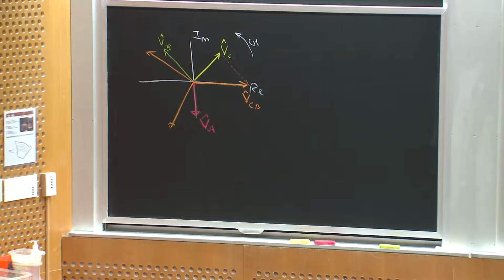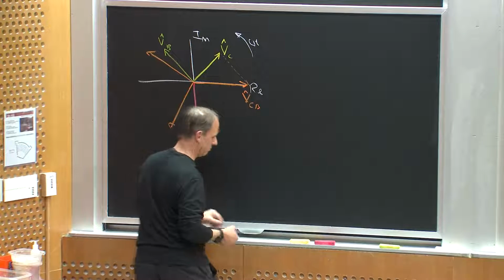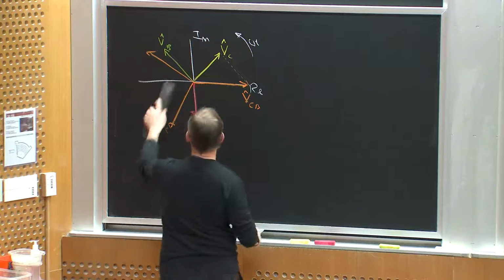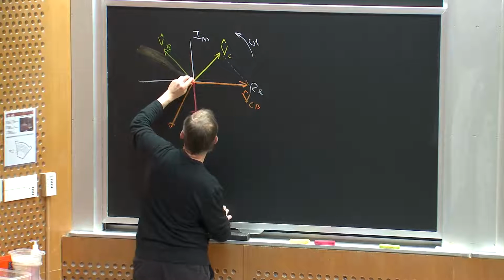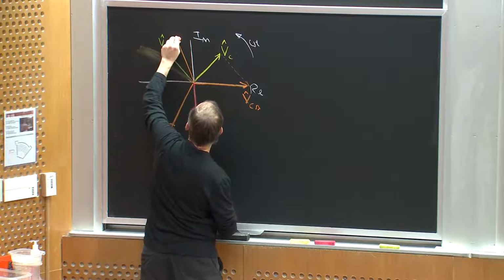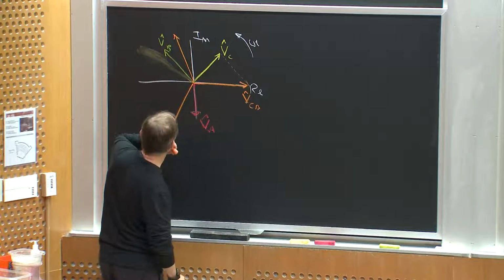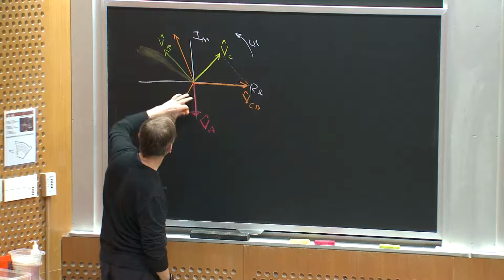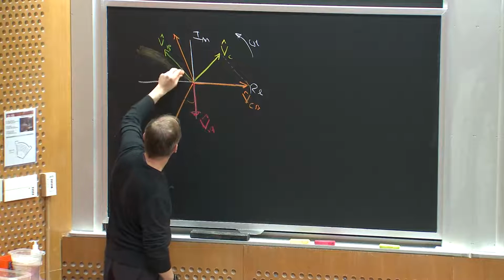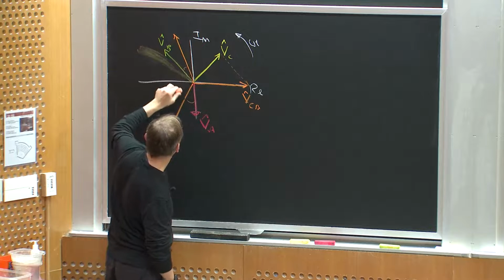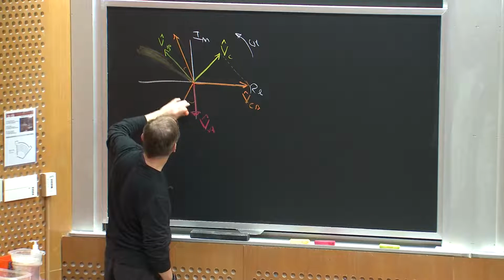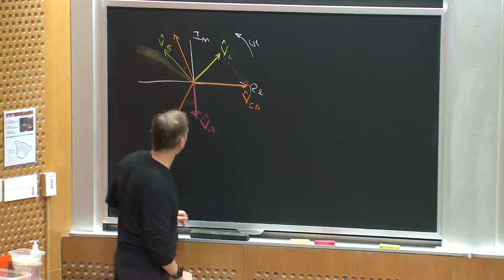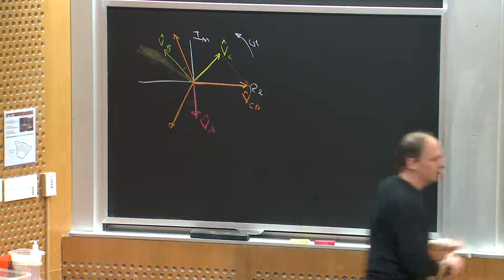Actually, let me look at that. I think I did get that wrong. VBA goes that way. I should be careful with my angles here. It goes this way. So these phasors have a 30-degree phase shift. This is 30 degrees from this one, so I should be careful.